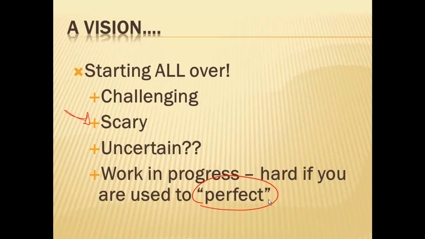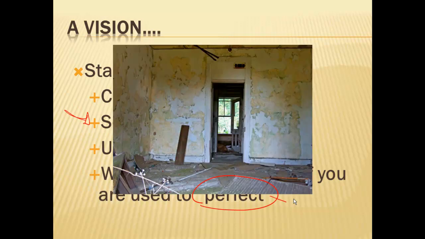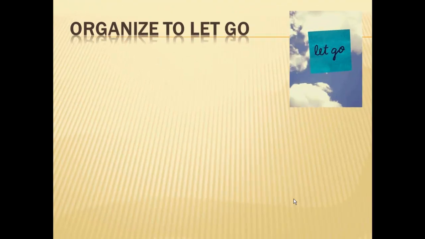I had a high level of perfection that I liked, and I really was used to that. So to go from being like that to being not perfect, it hurt, and I felt uncomfortable. So the first semester especially was really uncomfortable. My image for you would be, right, you're going in for a reno if you're going to start a flipped classroom, if you're going to build one from the ground up.